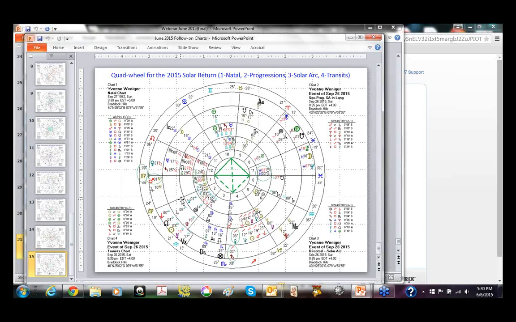Well, yeah, and you know, I had all that stuff going on with my squares and my crosses in 2004, but for me, it was more of an opportunity than anything. It was some of the hard hitters, Pluto, Uranus, Saturn, but they were setting me up for all of these things that just happened, boom, boom, boom, and they fell right in place.